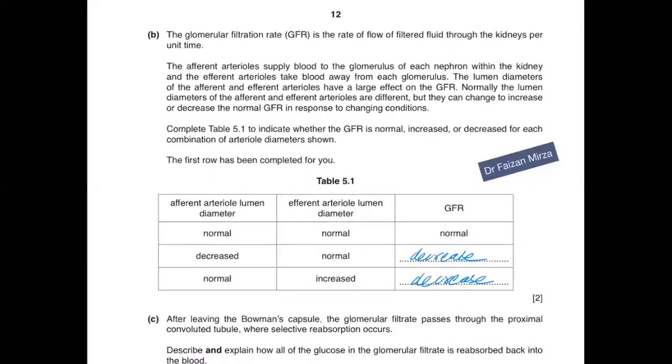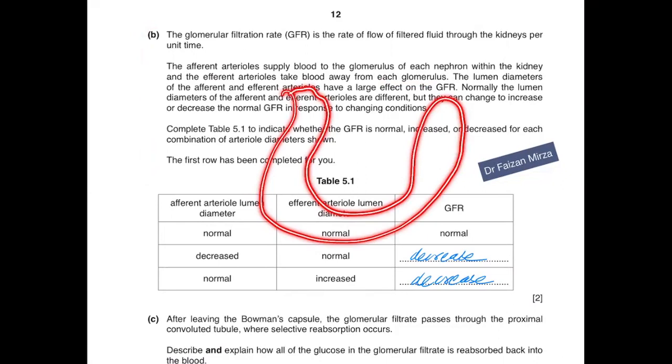If you read through the information, they are saying GFR is the flow rate of the fluid in the kidneys per unit time. Afferent arteriole supplies blood to the glomerulus of each nephron of the kidney, while efferent arteriole takes the blood away from each glomerulus. The lumen diameter can change. So for example, your Bowman's capsule is receiving blood from the afferent arteriole. The blood goes ahead into the efferent arteriole.